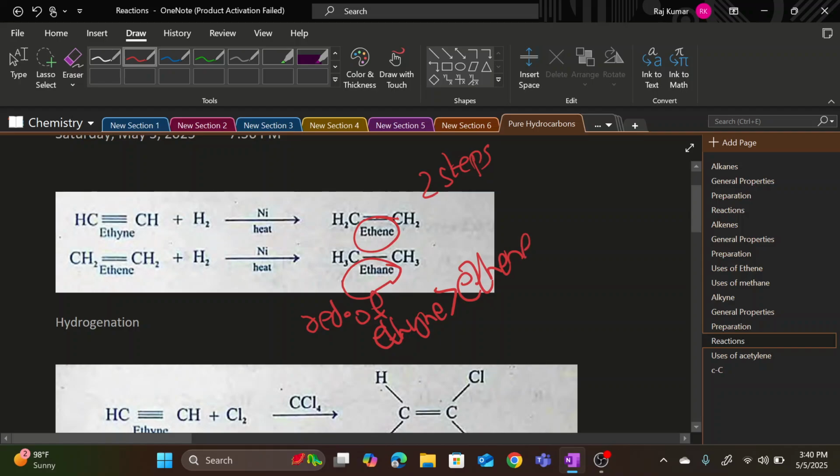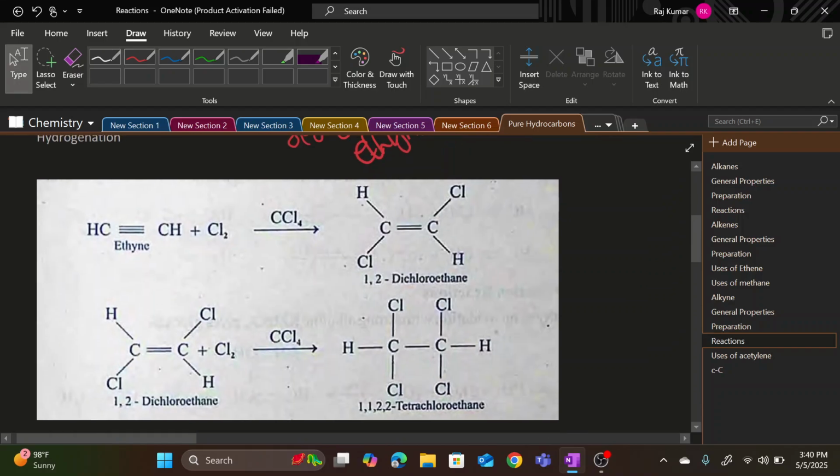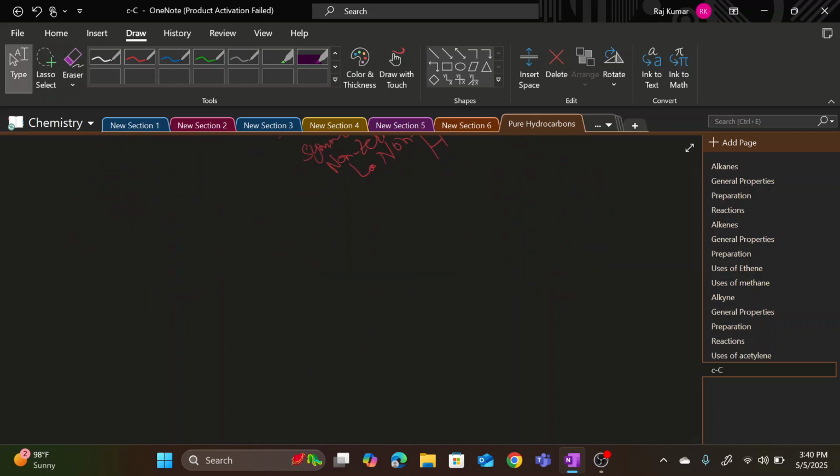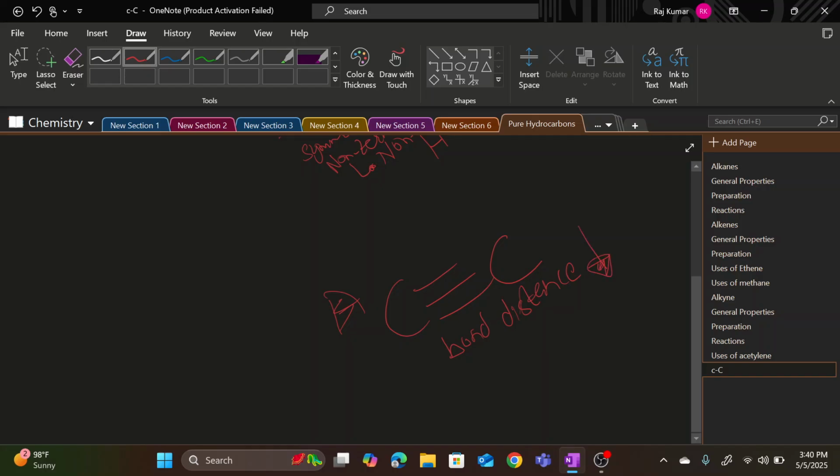Why? Because ethyne is more stable. Yes, this is an important factor which I did not mention earlier: an alkyne has a triple bond, due to which its bond distance is very low.